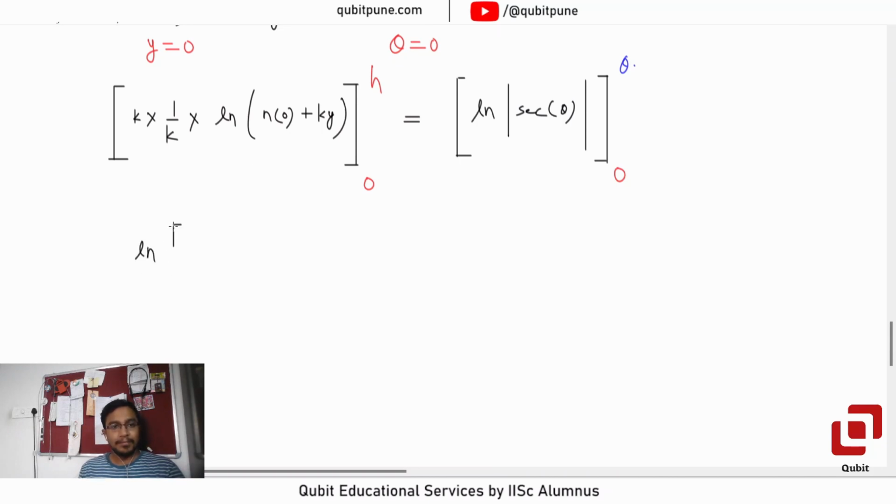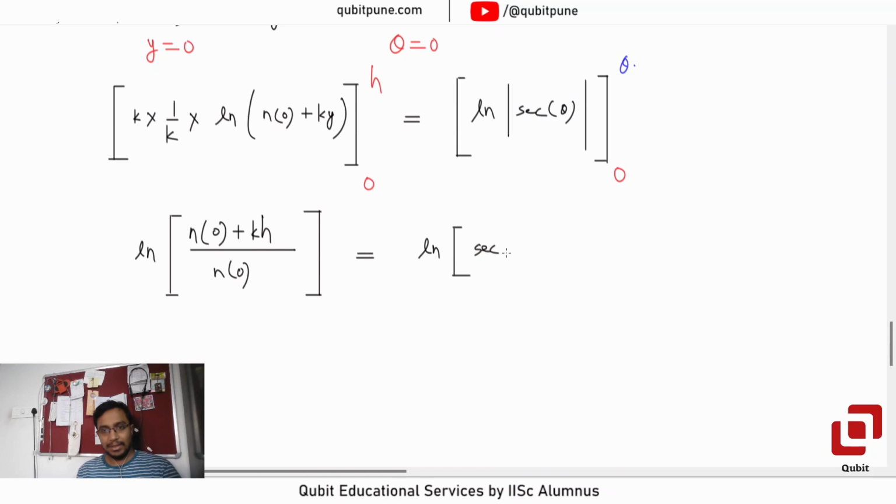Ln. Allow me to skip the step. Upper limit will be n0 plus kh, and in the denominator it will just be n0, and here it will just be ln sec theta.